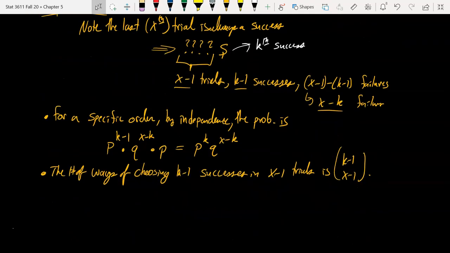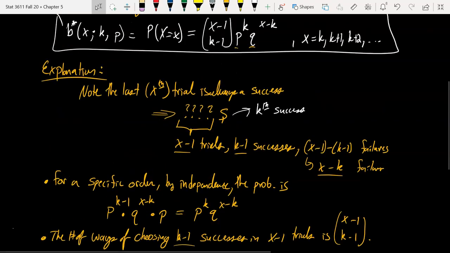These are backwards here. Careful. What am I choosing? Choosing k minus 1 successes out of x minus 1 trials. So x minus 1 choose k minus 1. And there we go.